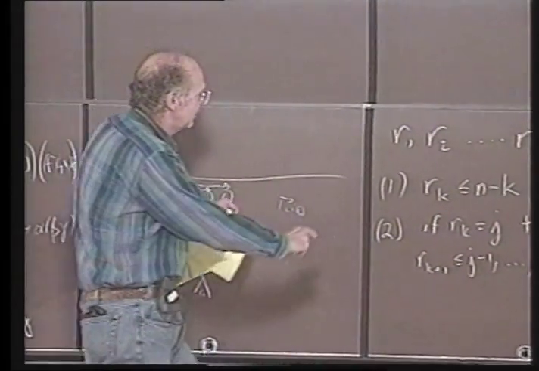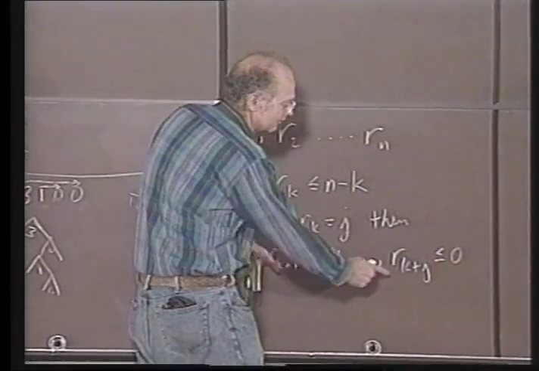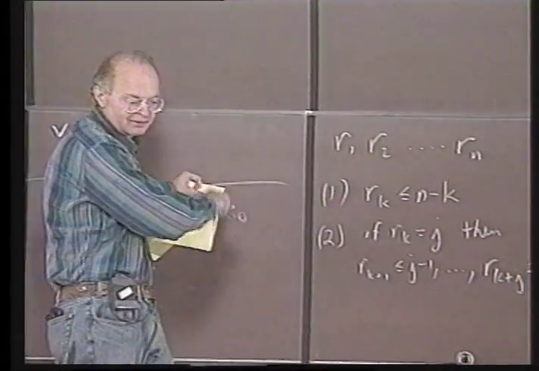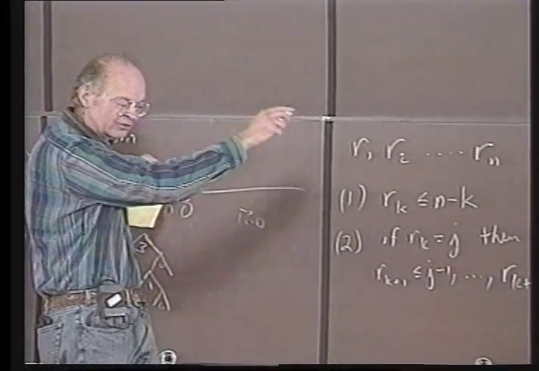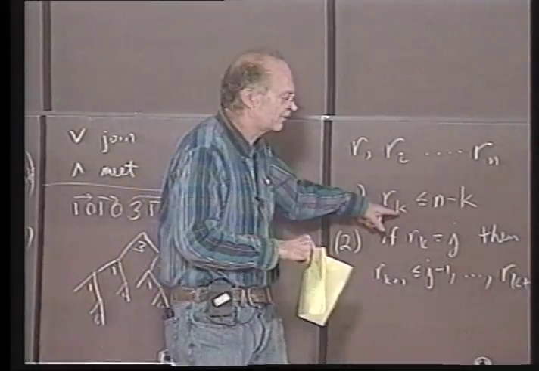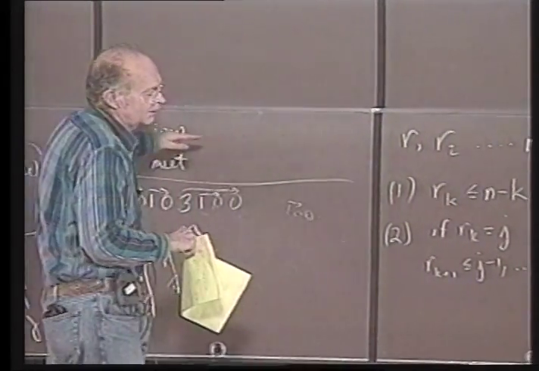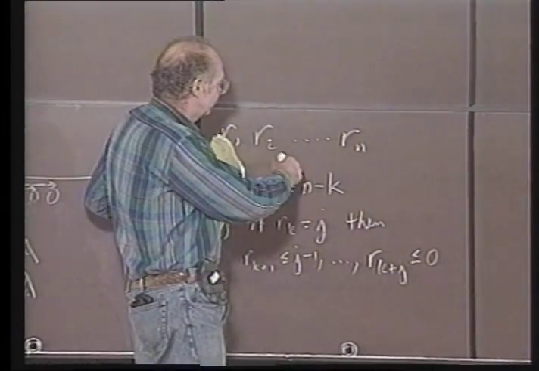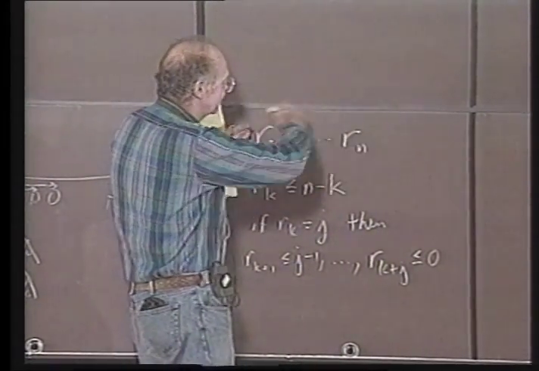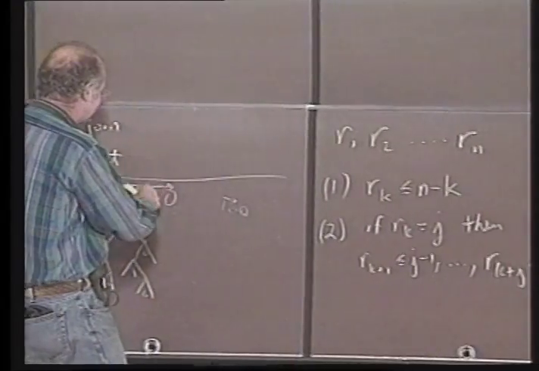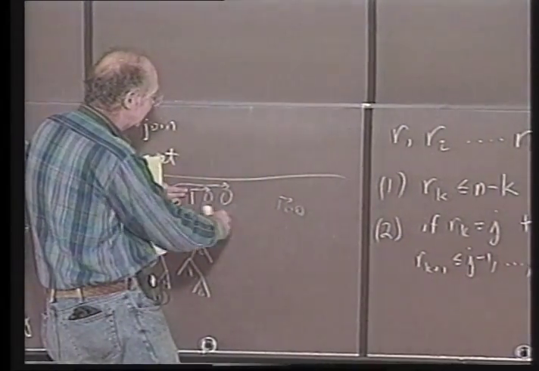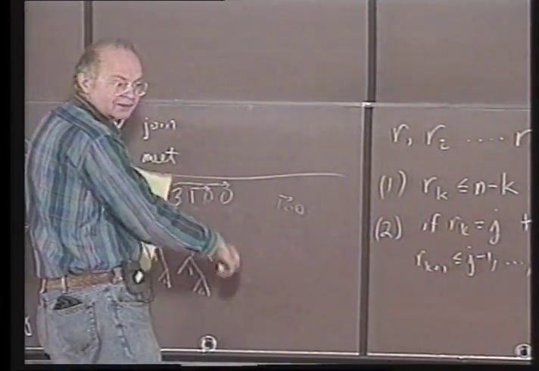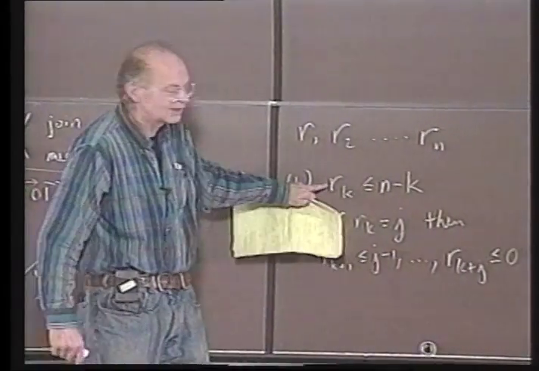Another way to say that is the next j numbers, R(k+1) up to R(k+j), are the numbers for the right subtree of node k. And so they have to be a proper sequence, as if I put a box around them, these would have to be the R coding of some subtree, and so that would have to satisfy condition 1.